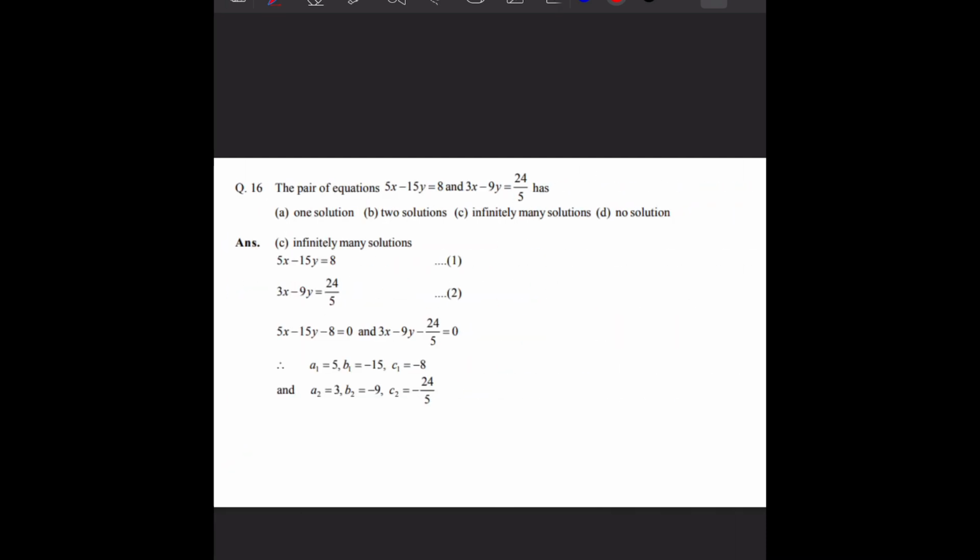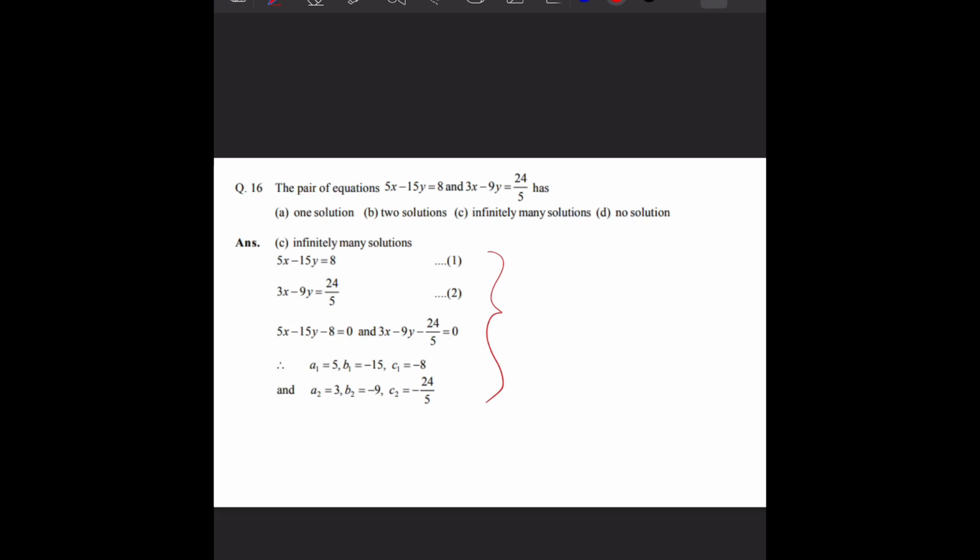The pair of equation 5x minus 15y is equals to 8 and 3x minus 9y is equals to 24 by 5 has. How do we find out if it has one solution, infinitely many solution or no solution?